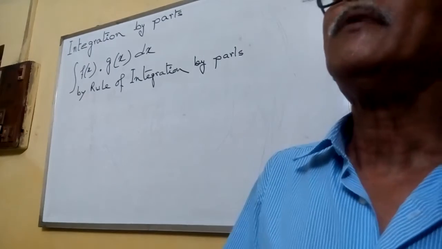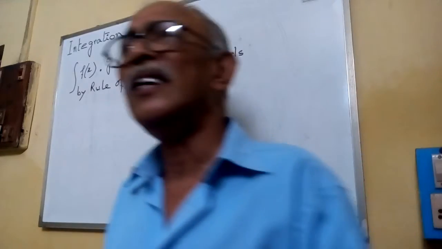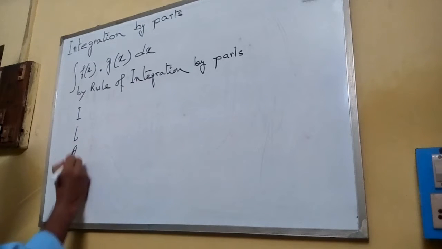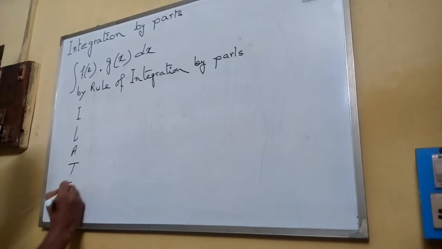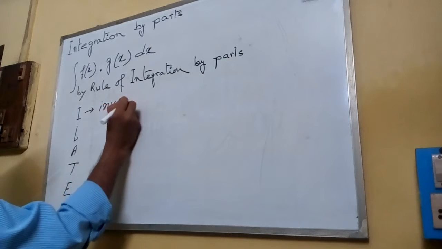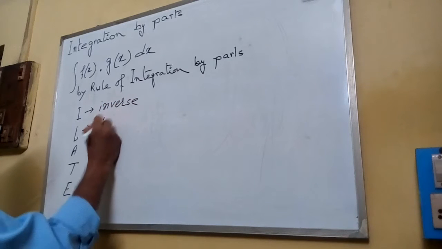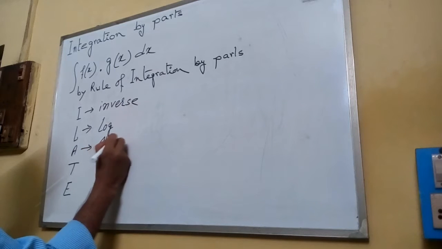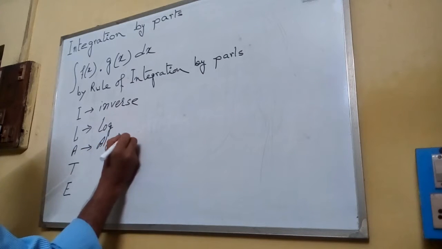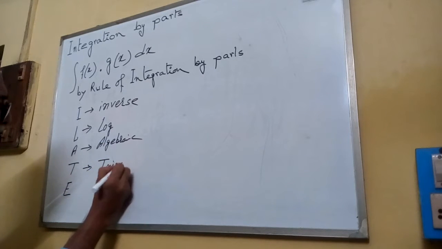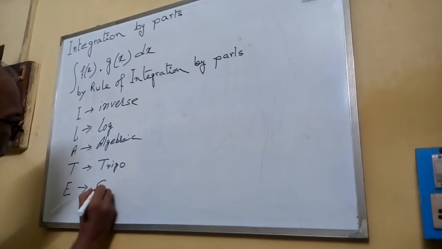It is observed from experience that if we obey this order: I, L, A, T, E. I for inverse, L for log, A for algebraic function, T for trigonometric functions, and E for exponential functions.